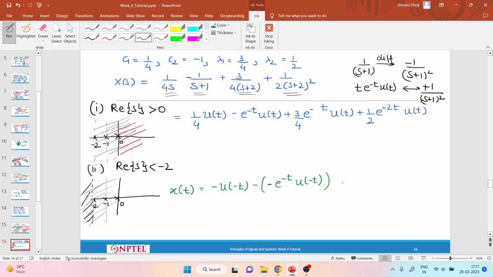Then this 1 upon s plus 2 will lead to minus 3 by 4 e power minus 2t u of minus t. And this factor will again give me a left hand sided signal. So instead of u of t here, I'll be having minus of u of minus t. Minus 1 by 2 e power minus 2t with a t here. I'm missing a factor of t here, into u of minus t.